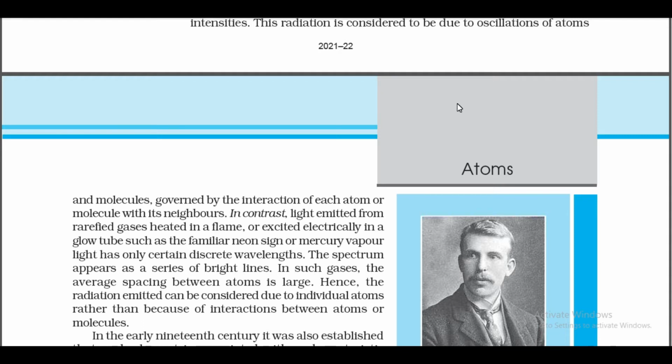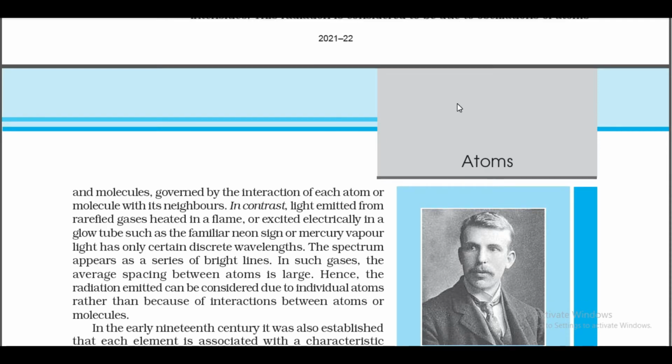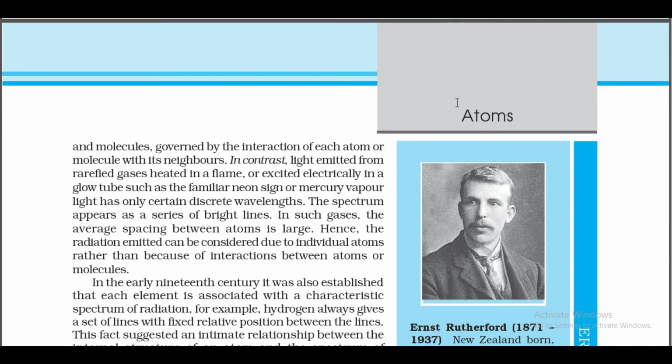In contrast, light emitted from rarefied gases heated in a flame or excited electrically in a glow tube, such as the familiar neon sign or mercury vapor light, has only certain discrete wavelengths. The spectrum appears as a series of bright lines. In such gases, the average spacing between atoms is large.